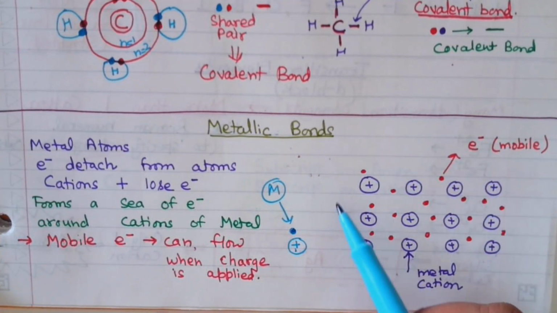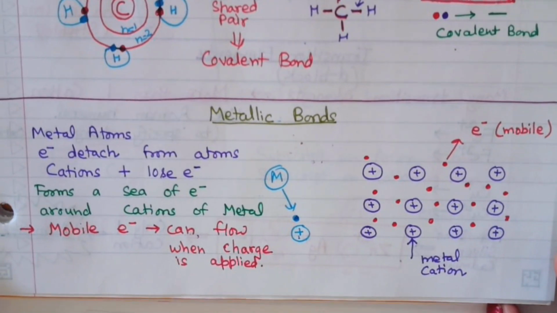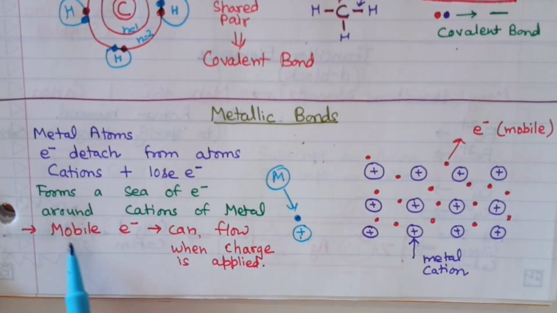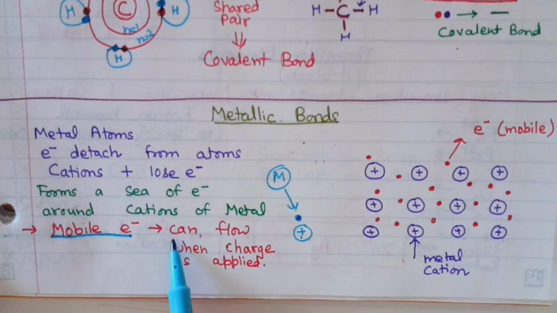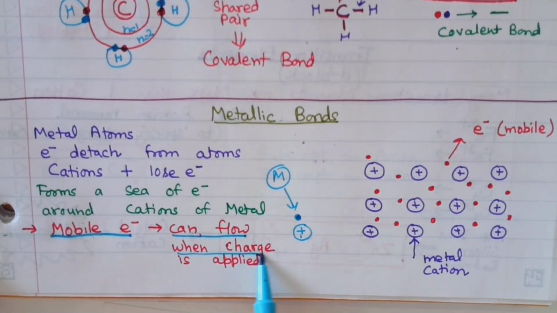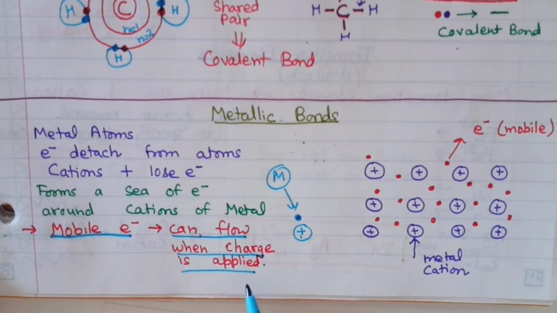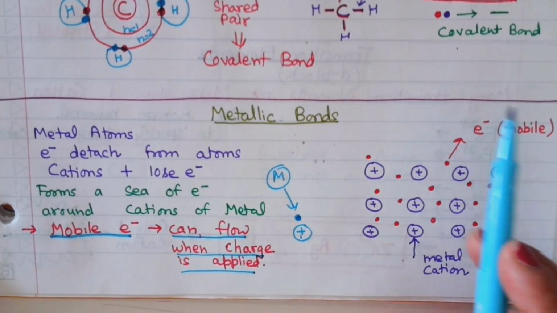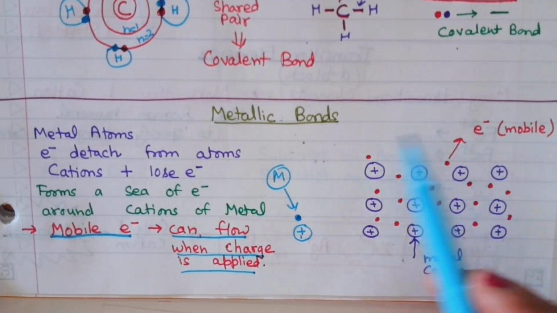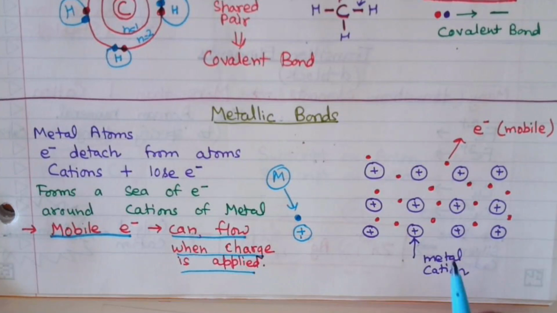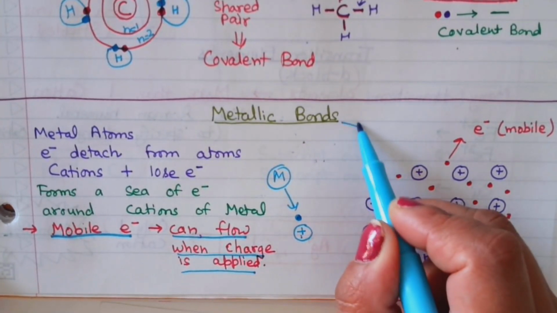So it's a sea of mobile electrons that surrounds the metal cations, right? And these mobile electrons can flow when we apply a charge on a metal, right? So this is what we call a metallic bond. So this is how a metallic bond looks.